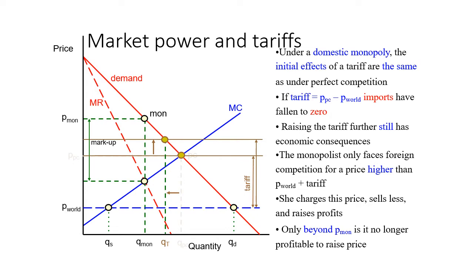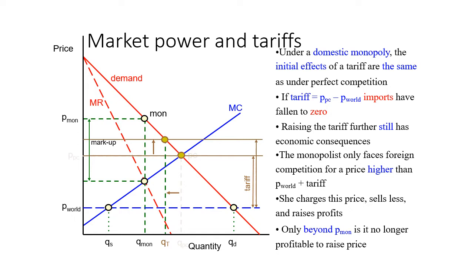Then you deal with the second scenario where the tariff and the world price, when you add them together, are exactly the same as perfect competition. Then we're dealing with a normal perfect competition under autarky. Right? And then we deal with the third scenario where the world price plus the tariff exceeds the perfect competition price. And that only matters when we're dealing with what? When we're dealing with a monopoly.